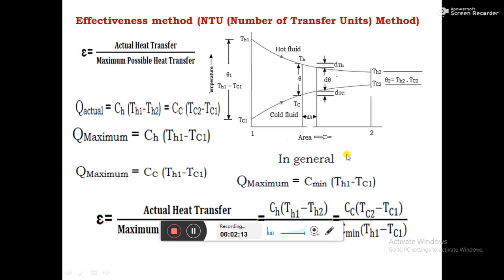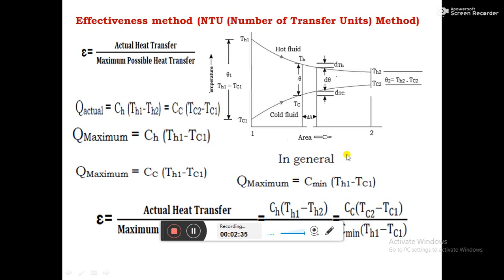Therefore, the actual heat transfer that takes place between the hot fluid and the cold fluid is given by the equation Ch into (Th1 minus Th2), or Cc into (Tc2 minus Tc1).